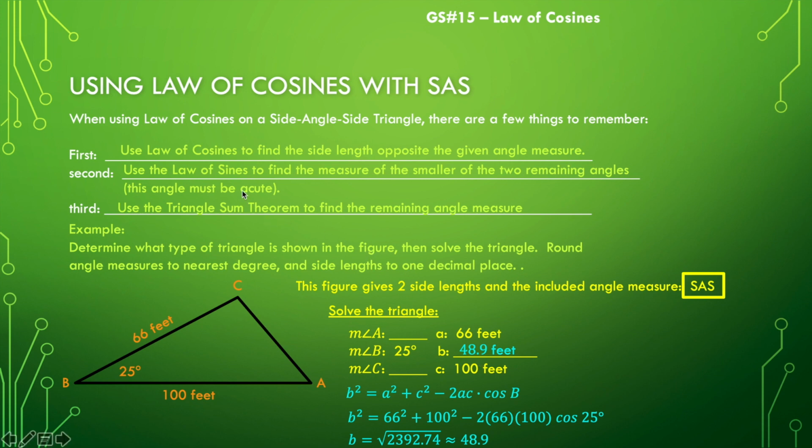Now remember that the second step says we want to find the measure of the smaller of the two remaining angles, which will correspond to the shorter of the two side lengths. So we want to look at the measure of angle A. Let's set up a law of sines proportion.